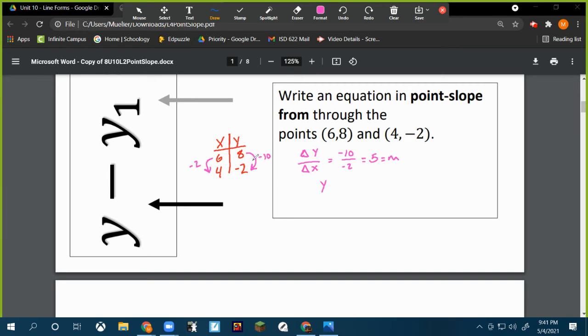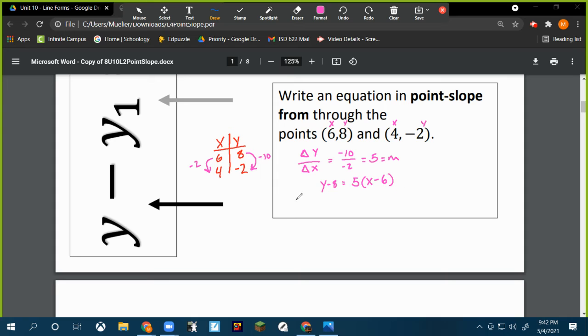Y, and notice that we have 2 points here. They are both an x and a y. It actually doesn't matter which point you pick. Just make sure if you pick 6 and 8, you use both 6 and 8. If you pick 4 and -2, make sure you use those. Don't mix them up. So let's use this first one, 6 and 8. The opposite of 8 is -8, and that equals our slope times x, the opposite of 6, which is -6.